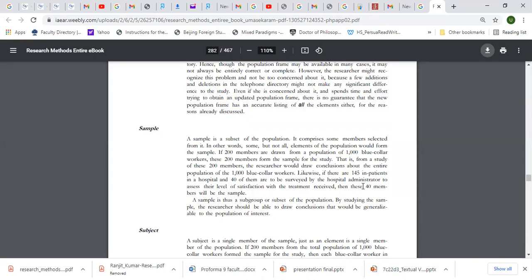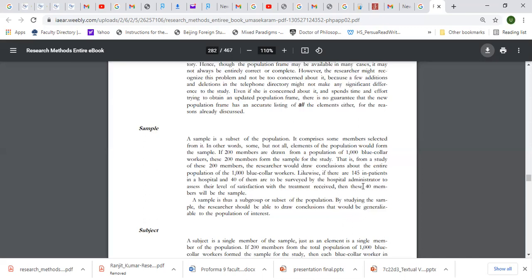For example, like I gave you the example of BS English. So you have taken all the list of the students, which is population frame. Then you take only, let's suppose, 20 students or 25 students from whom you have taken the data. That is your sample. This is your study sample, right?